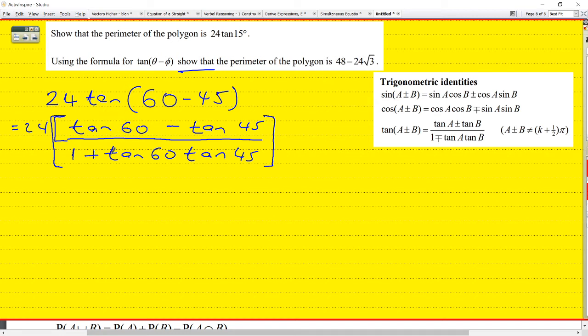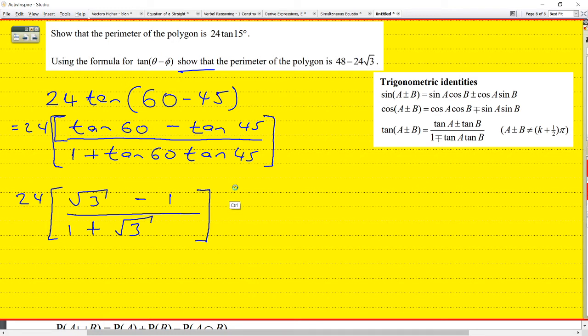So you now sub in. Tan 60 is root 3, and tan 45 is 1. So 1 plus root 3 on the bottom. How does that give you 40? Okay, rationalize. Always rationalize.